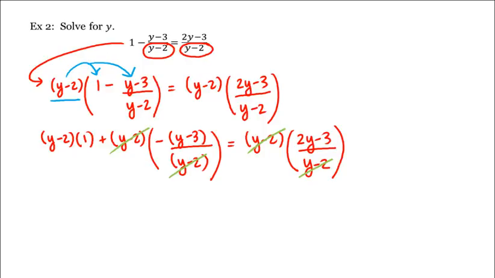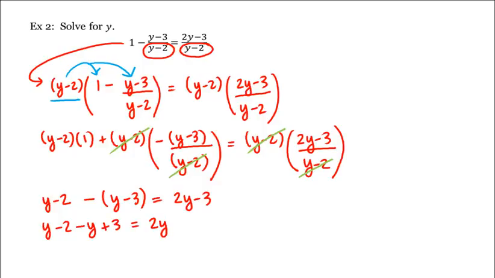Which leaves us with y minus 2 times 1, which is y minus 2. And then we have minus this whole quantity, y minus 3, is equal to 2y minus 3. And distributing our negative gives us y minus 2 minus y plus 3 is equal to 2y minus 3.